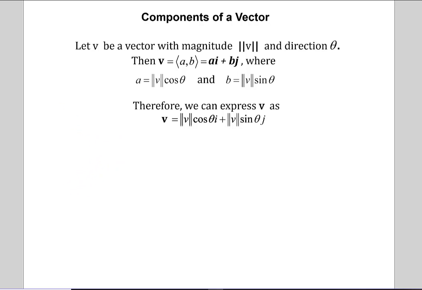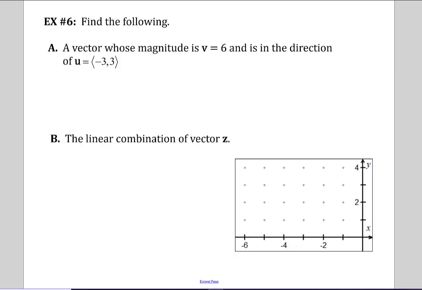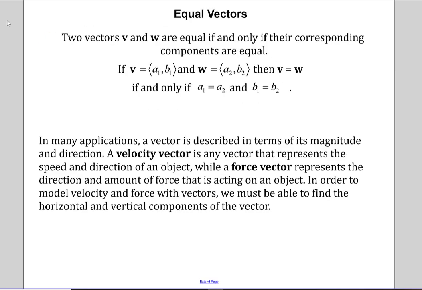In components of a vector, there it is. 2 vectors v and w are equal if and only if their corresponding components are equal. So if vector v is <a, b> and vector w is <a, b>, then they're going to be equal only if the a terms in each vector are the same and the b terms in each vector are the same.